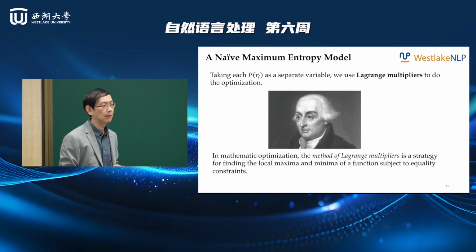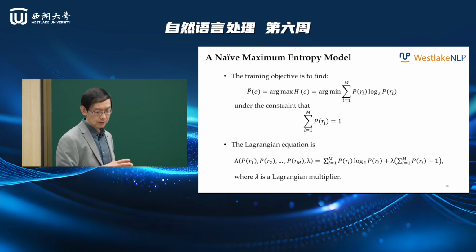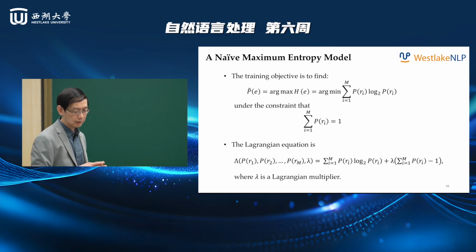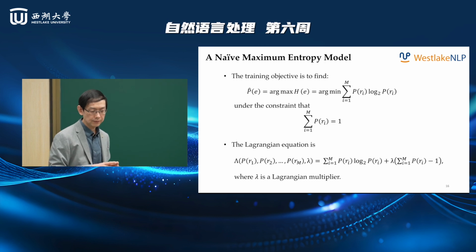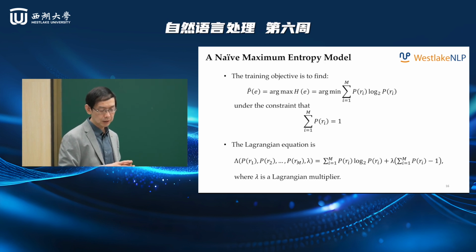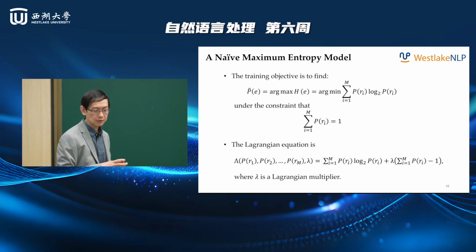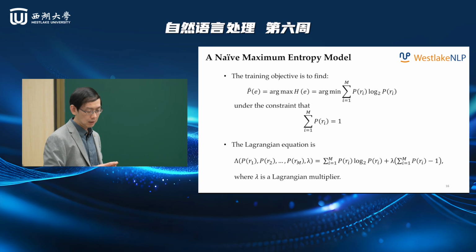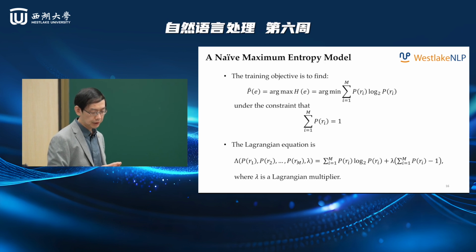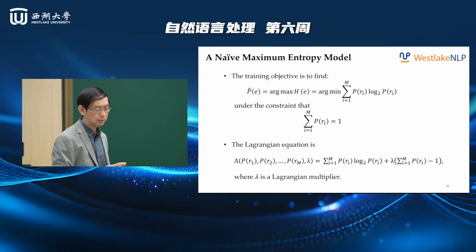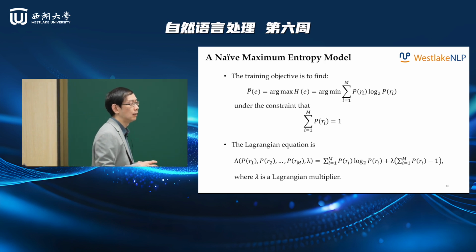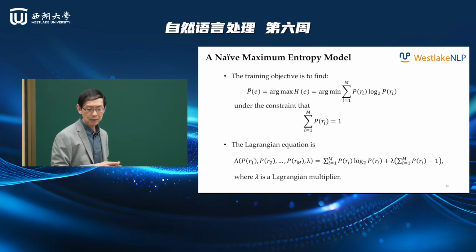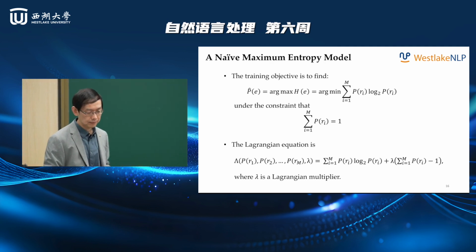The training objective I write in the first two equations: to find the argmin of this thing given this constraint, and we put the constraint into the objective function, using a Lagrangian multiplier lambda as a factor on it. So you need to minimize this Lagrangian equation.